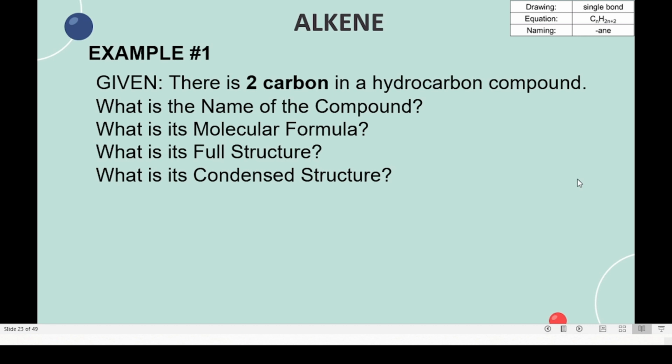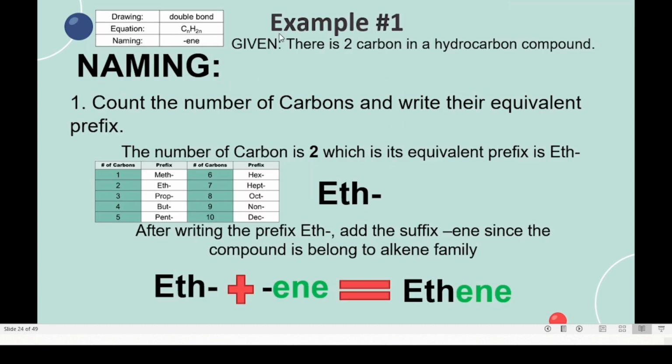In naming, first count the number of carbons and write their equivalent prefix. So the given here is two carbons, so we must use the equivalent prefix of 2, which is eth. Therefore, we must write the word eth. Now, after writing the prefix eth, we must add the suffix ene since the compound belongs to the alkene family.